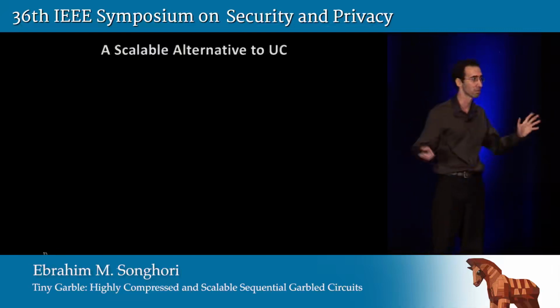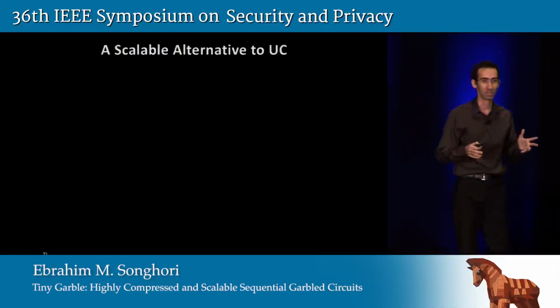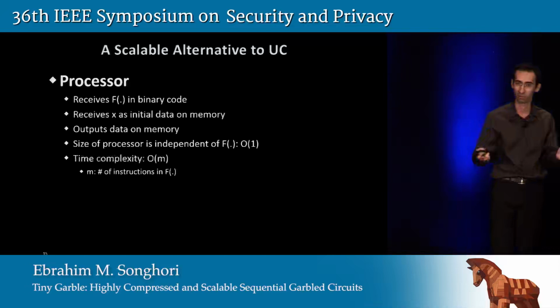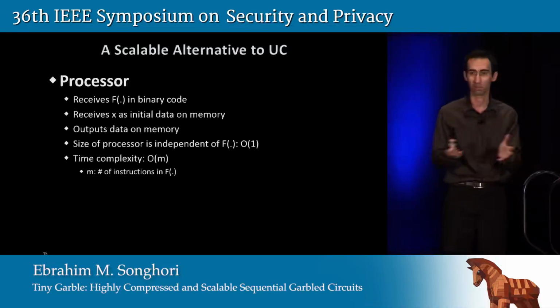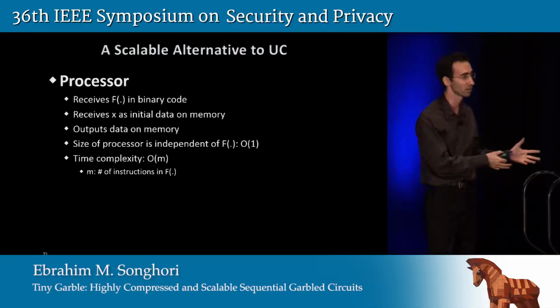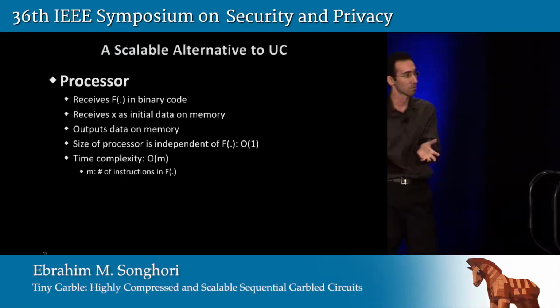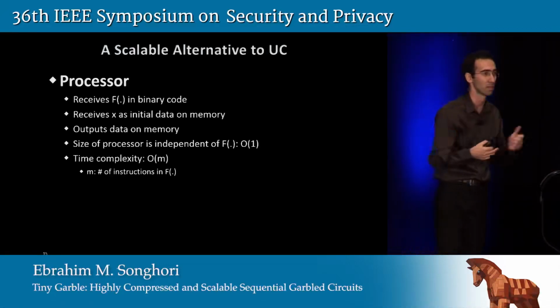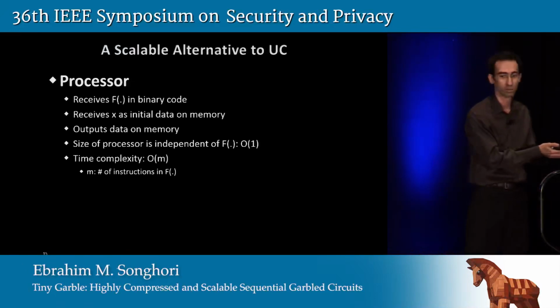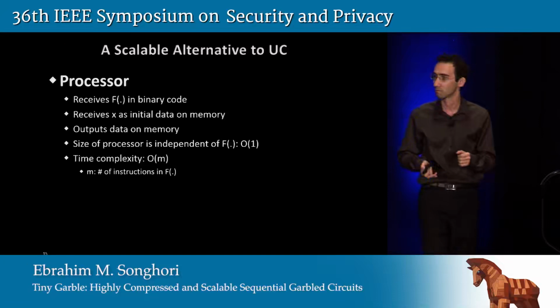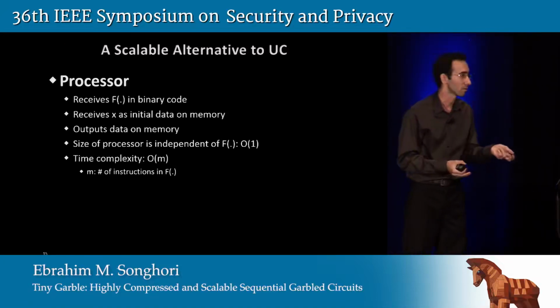What about processors? They are an implementation of a universal Turing machine. They receive a function f as a binary code in their memory. They receive an x as initial data in their memory, and they write something as an output in their memory. And the size of the processor is independent of the size of f, it is O(1).